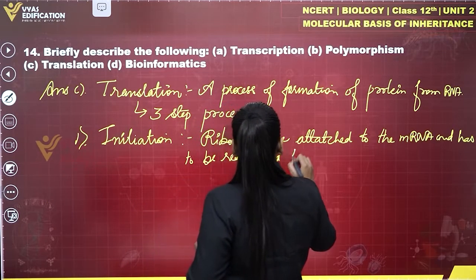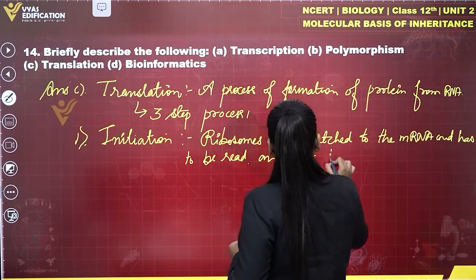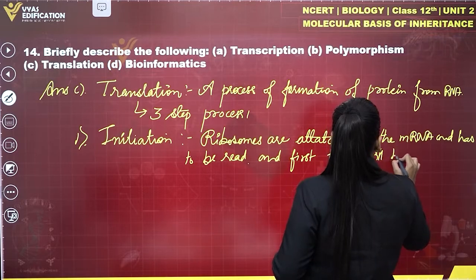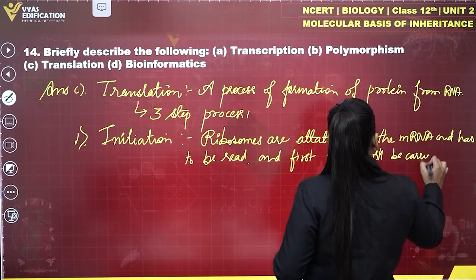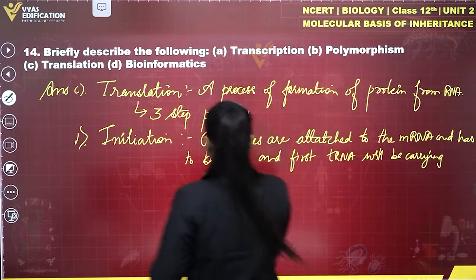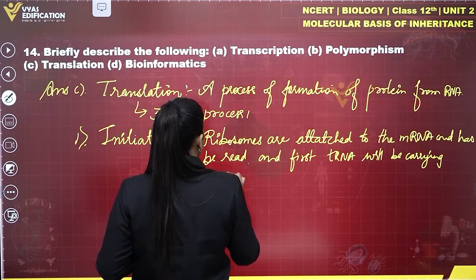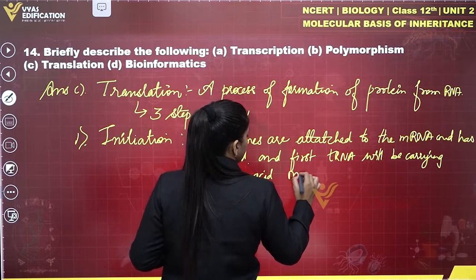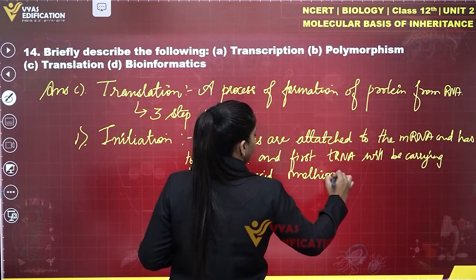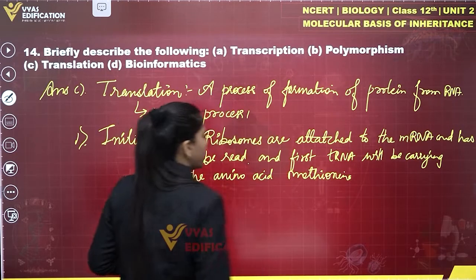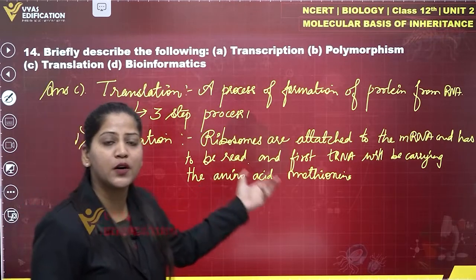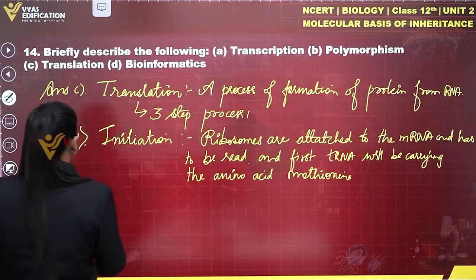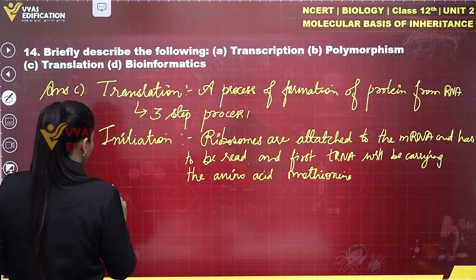And the first tRNA in this process will be carrying the amino acid methionine. This is the first amino acid which will be carried by the first tRNA in the process of initiation of translation. Then the next step under this process we have is elongation.